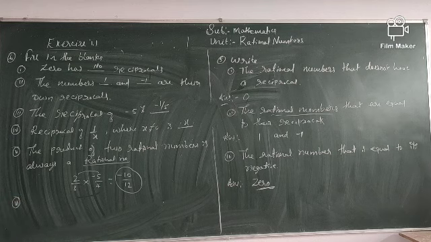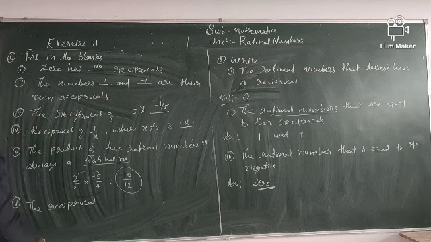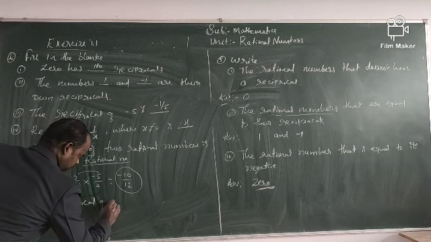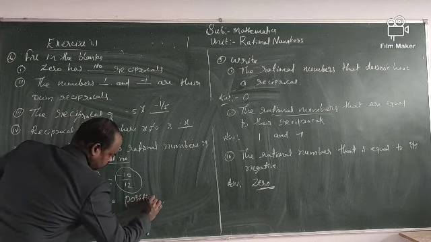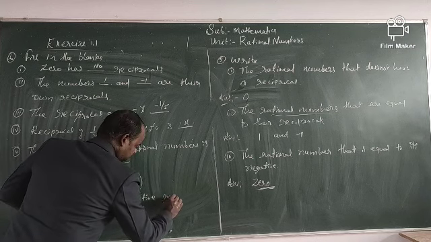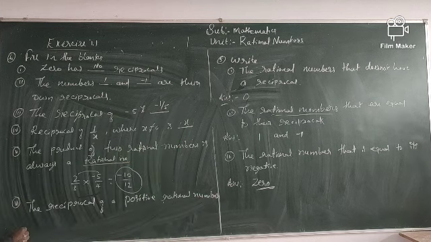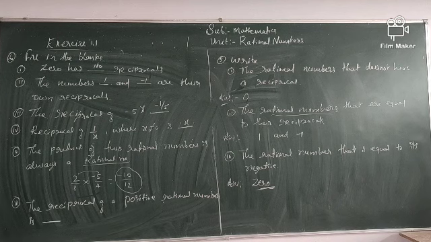Next one: the reciprocal of a positive rational number is dash. See, the reciprocal of a positive rational number is always positive.